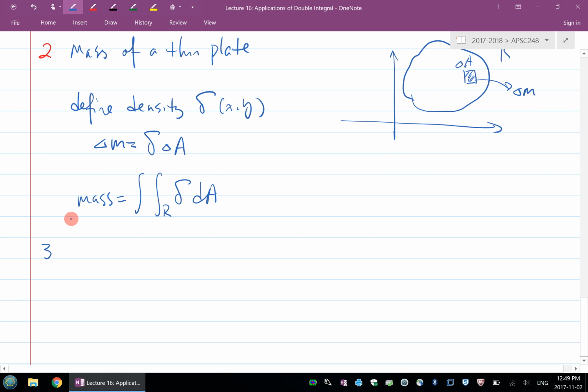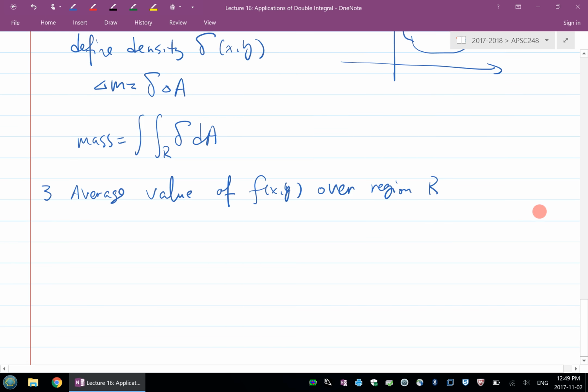The third and the fourth have something to do with the average value. Okay, so let's first take a look at the first type of average: the average value of this function f of x, y over region R. If you've learned statistics or probability, there is this average concept.